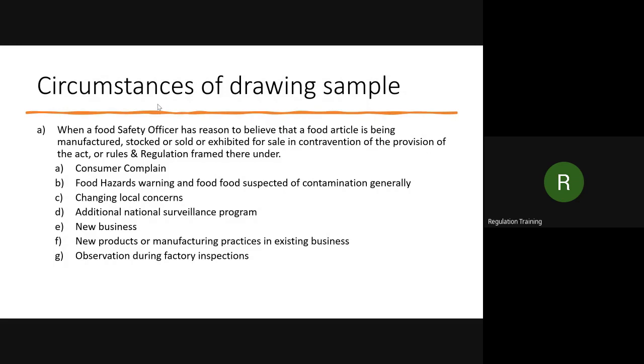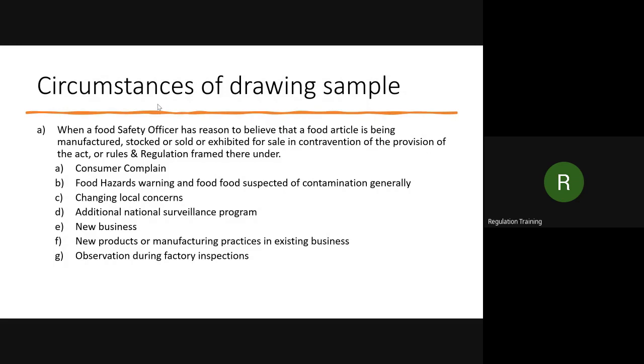You can complain online through Food Safety Connect, websites, or the state health department portal. I have shown you that grievance portal, right? So you can complain through that, and the government has to take the sample, and they have to close that complaint on the portal only. Food hazard warning and food suspected of contamination.